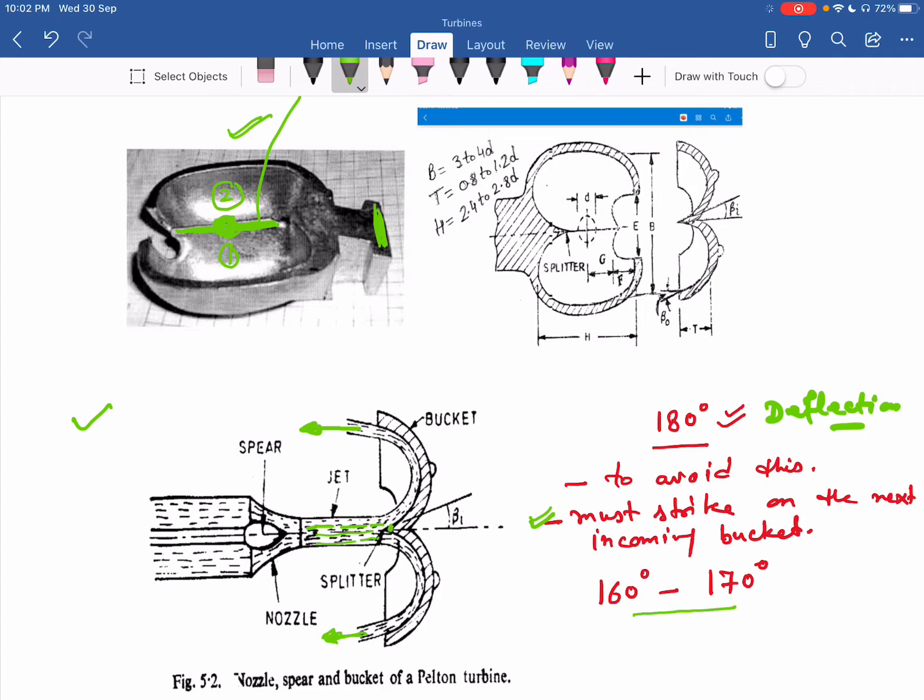When the deflection is 180 degrees, what happens? This deflected part of the jet strikes the next incoming bucket. It strikes the back of the next incoming bucket and produces disturbance. To avoid that, we make this angle of deflection 160 to 170 degrees. That means we make this deflection at a certain other angle, like this.